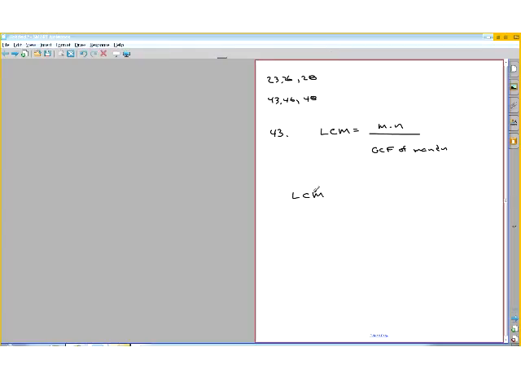In this case, m times n for problem 43 is 32 and 56. So we take 32 times 56 and divide by the greatest common factor, which is 8. And so 32 times 56 divided by 8 is 224, which is the answer.